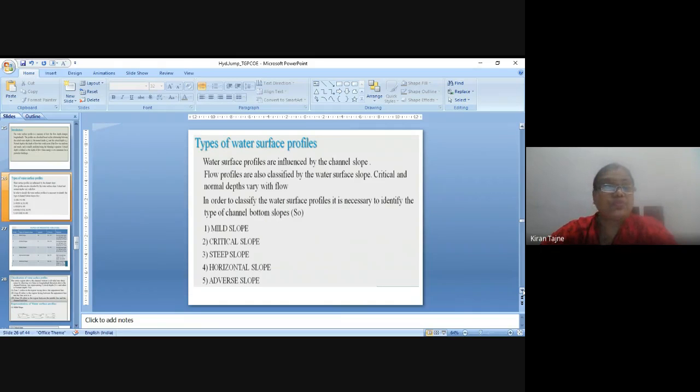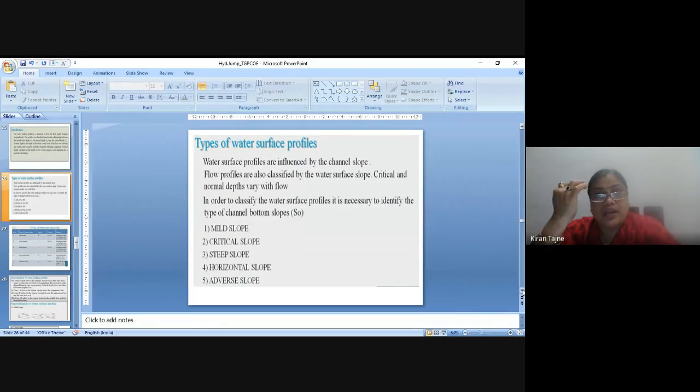The channel bottom slope is designated as critical when the bottom slope, denoted by S0, is equal to the critical slope.